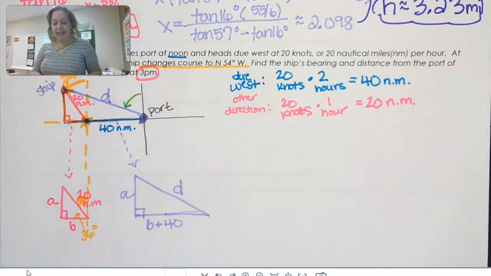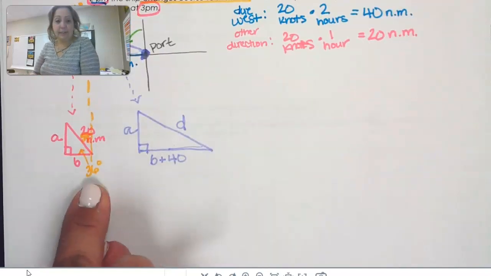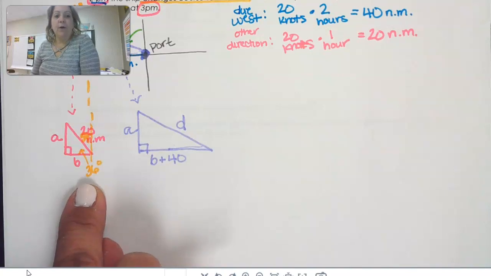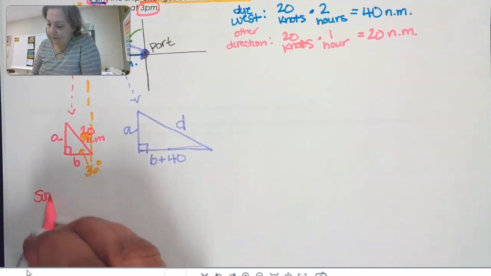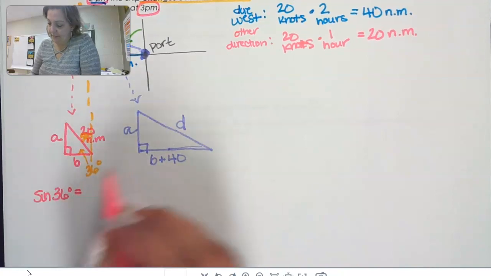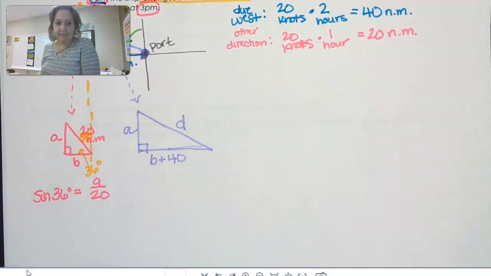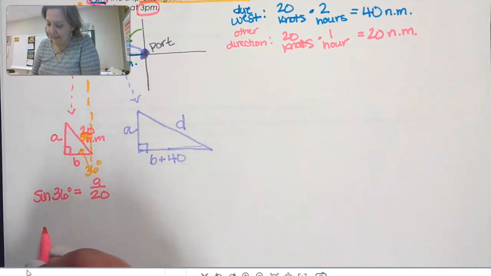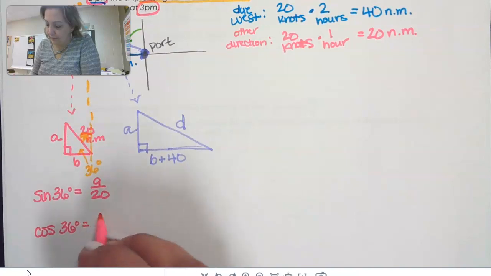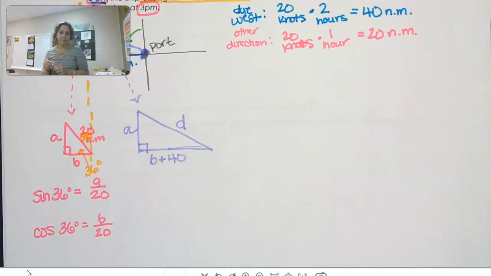And the reason that's helpful is because if we know that, then we can set up some trig functions with that. We could say, for example, that the sine of 36 degrees is our opposite A over our hypotenuse 20. And we could also say that the cosine of 36 degrees equals our adjacent B over 20.